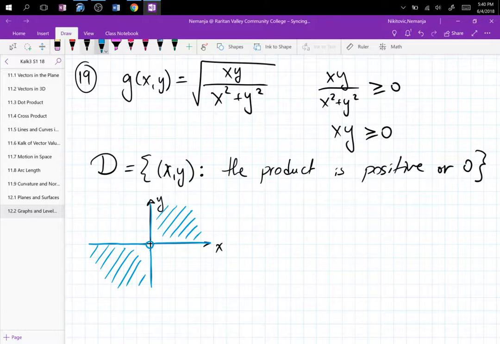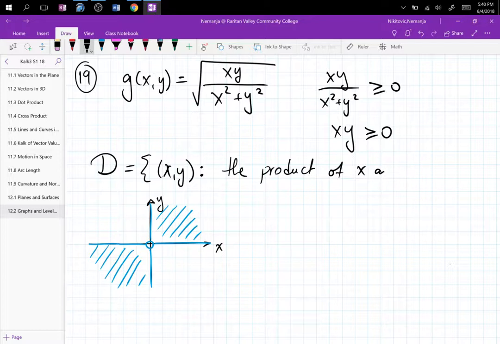So the product is positive. Okay, so let's go in detail now. The product of x and y is positive or 0.